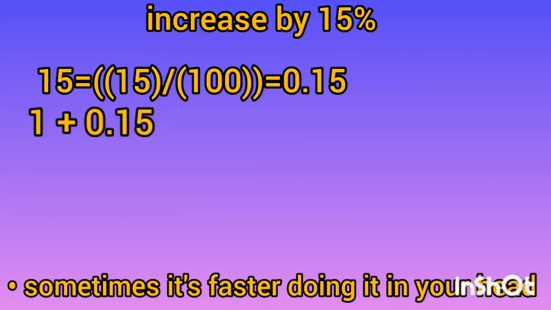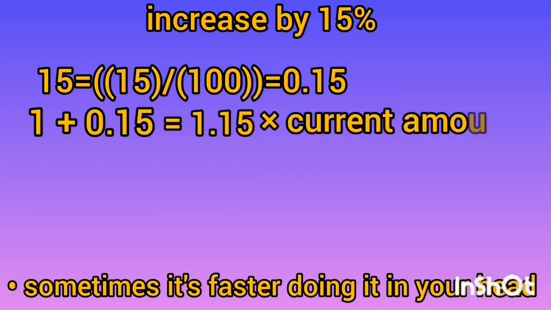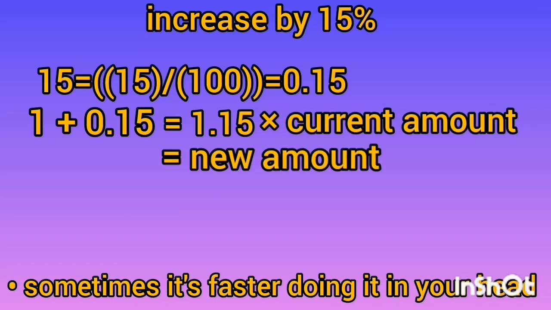Then you add that to 1 to give us 1.15, which we will then multiply by our current amount to obtain our new amount. So we have 1.15 by the old amount to get the new amount.